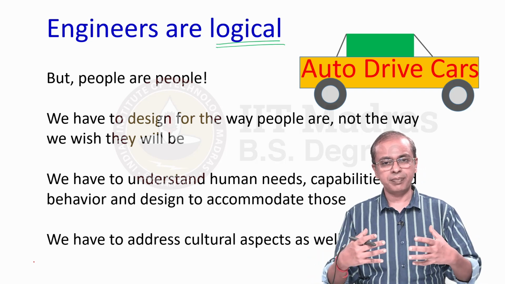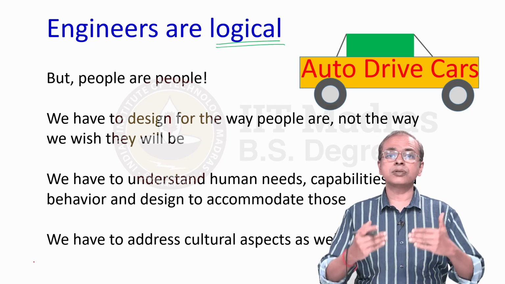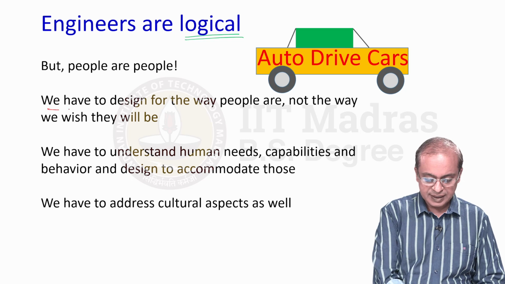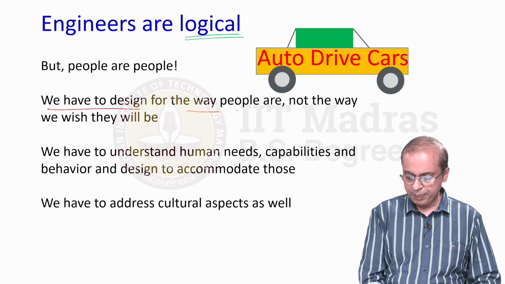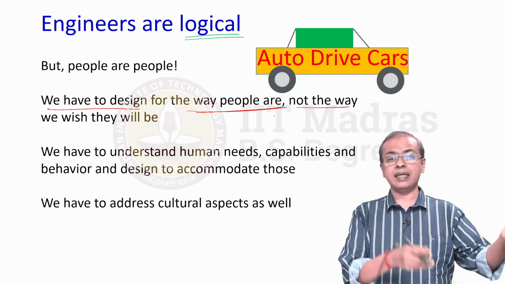The engineer may have some idea of how a person should behave, but a human being is not really behaving like that. What we have to understand is that we have to design for the way that people are, and not the way that we wish that they will be.